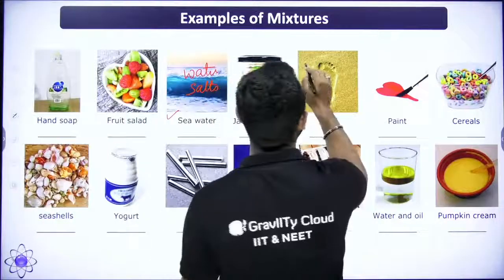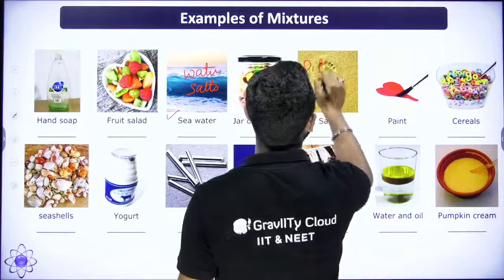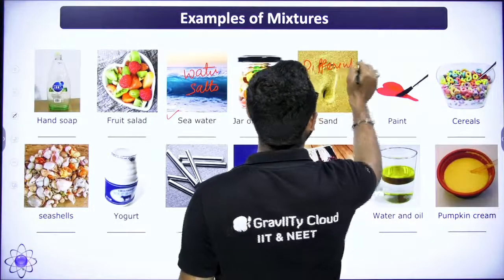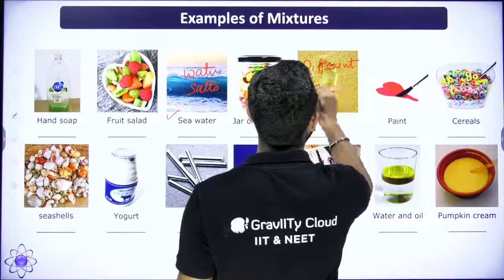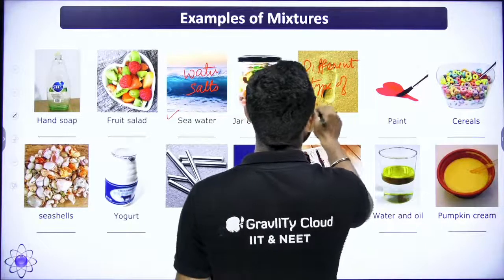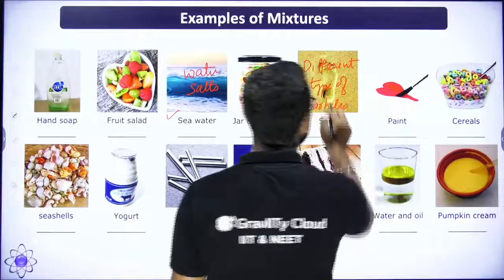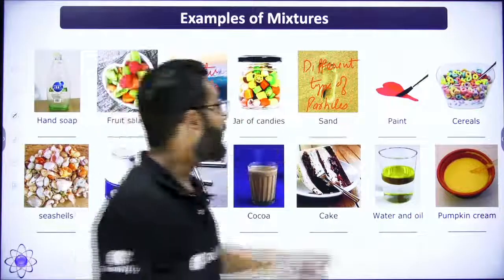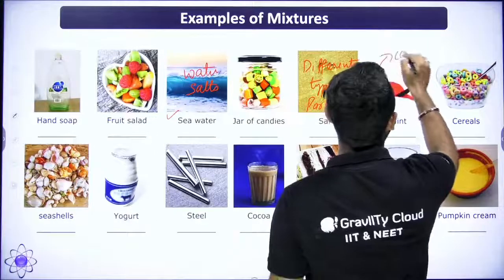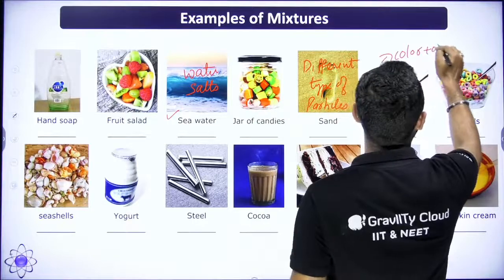Sand. Sand is a mixture of different types of particles. Paint. Paint is a mixture of color and oil. Color plus oil.